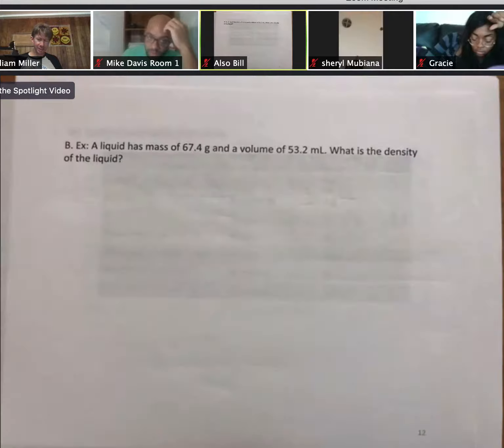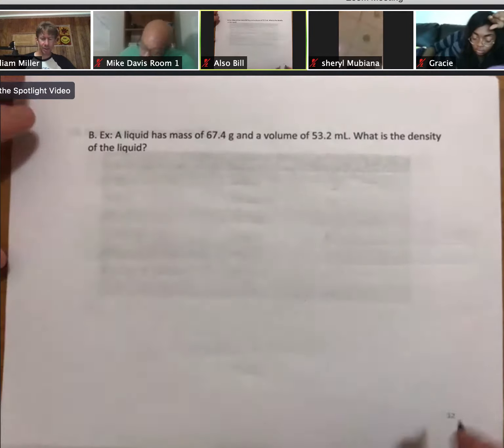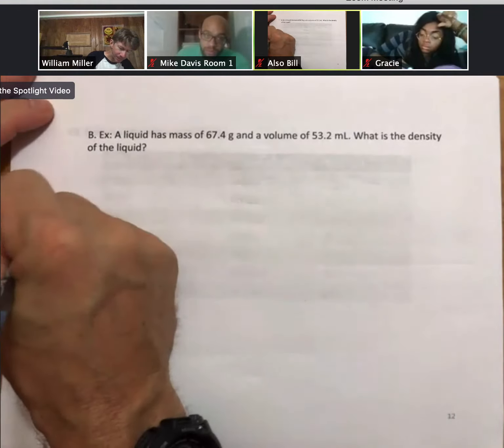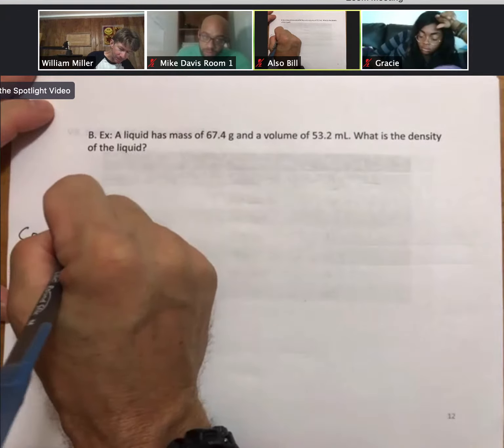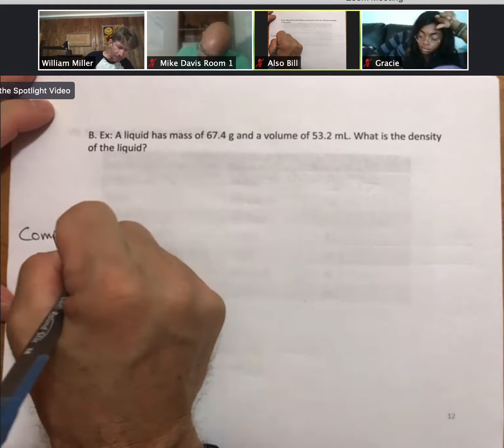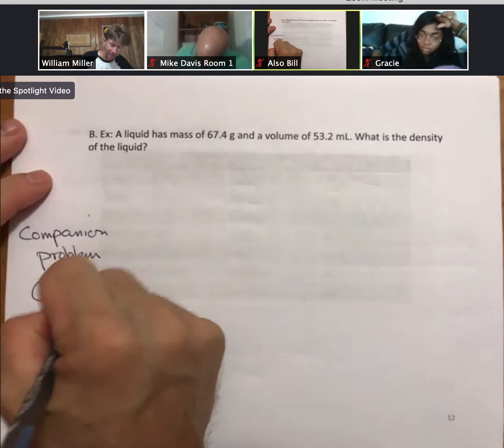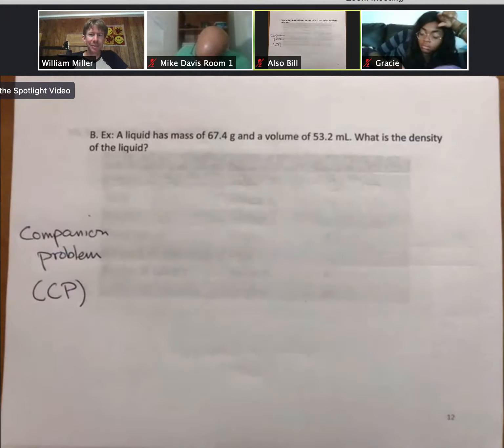So that's our first calculation. This problem is what's called a companion problem. The abbreviation for a companion problem is capital CP.